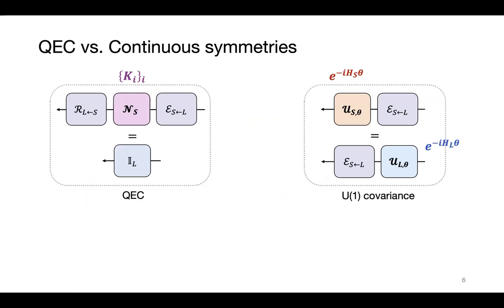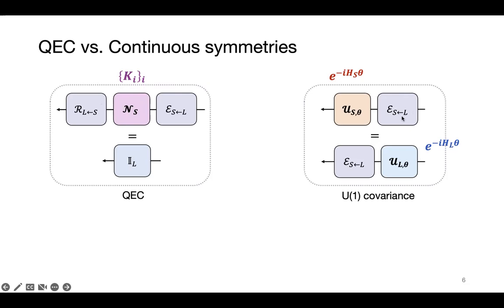So okay, now let's take a look at the exact setting of our problem. Again, by quantum error correcting code, I basically mean the situation where, given the encoding channel and the noise channel, there exists a recovery channel such that the entire error corrected noise channel would be equivalent to the identity operation in the logical space. And I would use Ki to denote the Kraus operators of this noise channel.